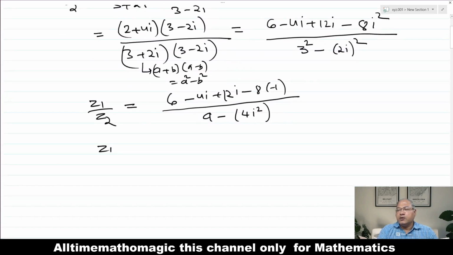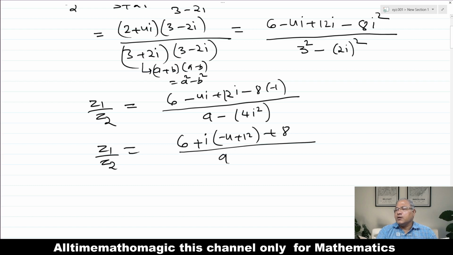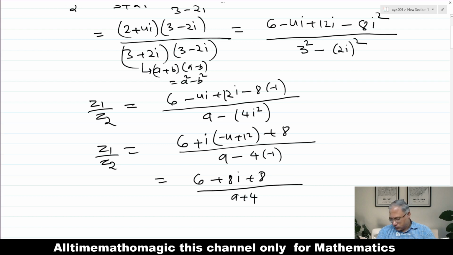So Z1 upon Z2 equals 6 plus i, taking i common, minus 4 plus 12, and plus 8, upon 9 minus 4 into minus 1. That equals 6 plus 8i plus 8 upon 9 plus 4.